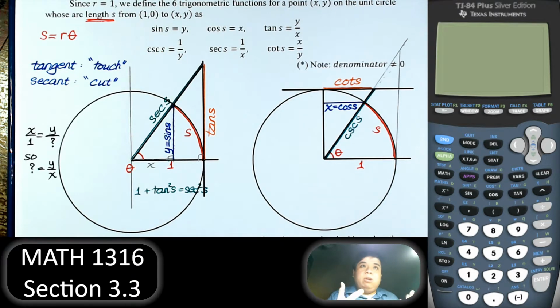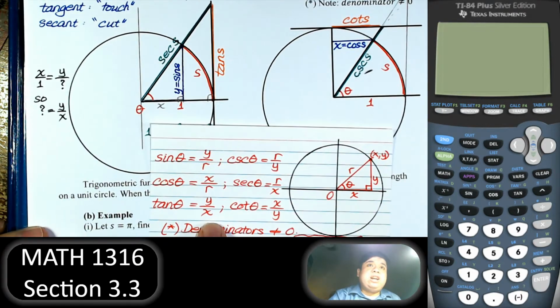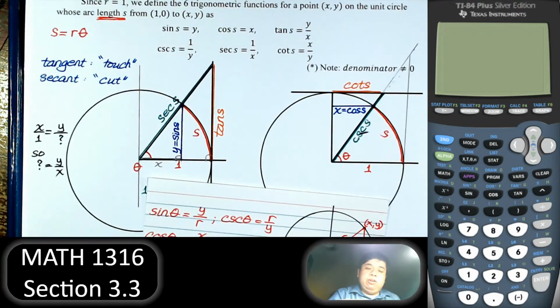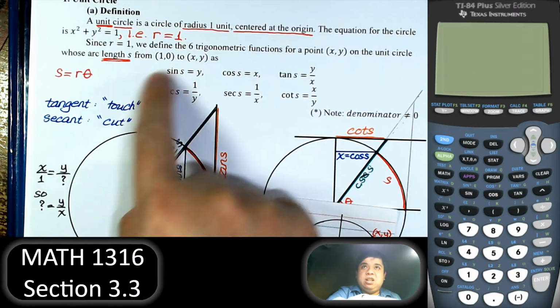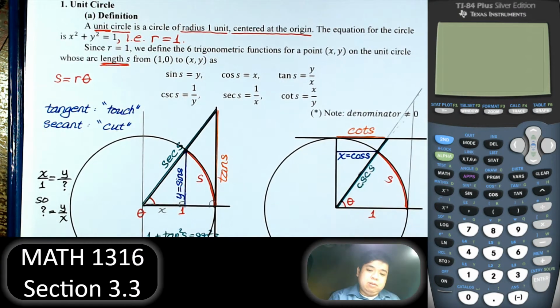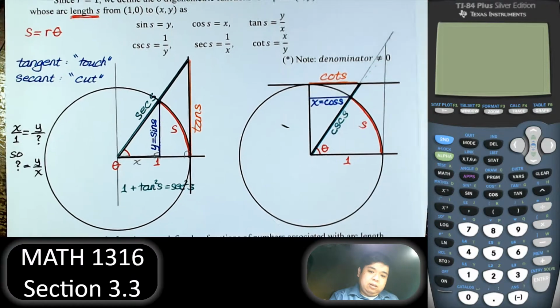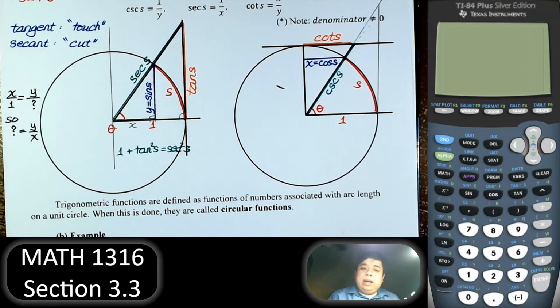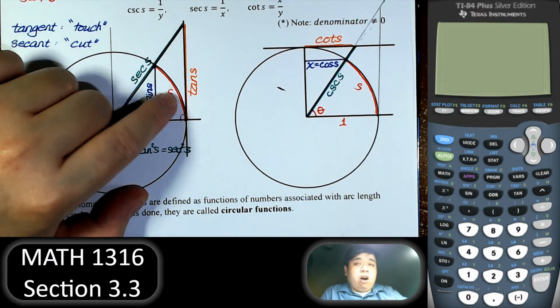Right. So in the unit circle, in terms of math, there's not much difference. We just let r equal 1, and this definition will become this definition. Right. Now, finally, I said the subtle thing: the way we define this is based on the arc length.